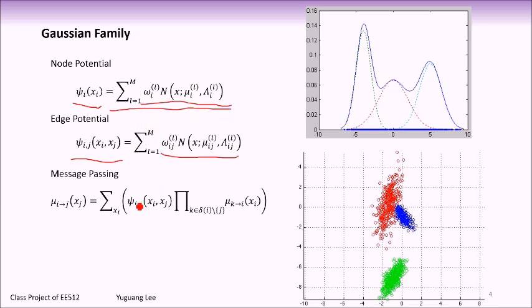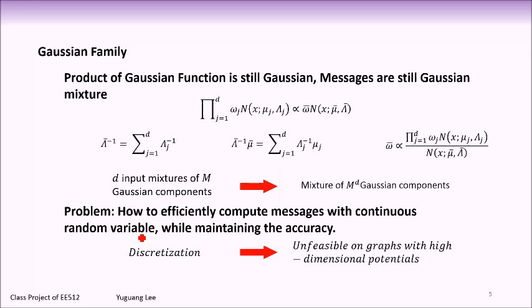In this case, the potentials are modeled by the mixture of Gaussians, which is the summation of weighted Gaussian functions. Good news is a product of Gaussian mixtures is still a mixture of Gaussians because the product of Gaussian functions is still Gaussian, and the mean, covariance and weights could be calculated by using equations right here.